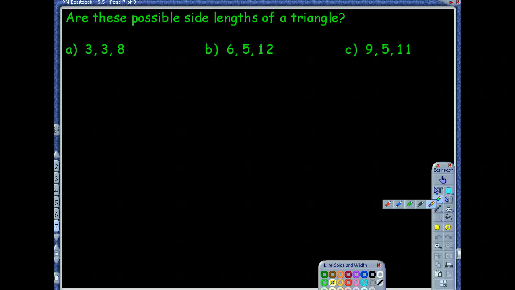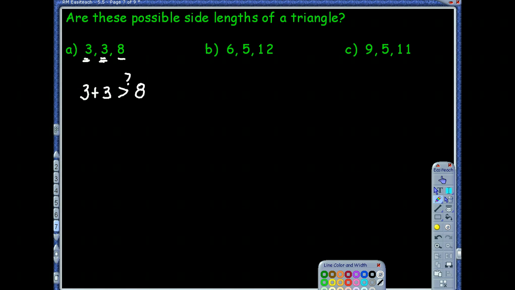So looking at this first scenario, if I give you 3, 3, and 8, could these actually form a triangle? The way to determine is any 2 sides have to add up to be greater than the third. So if I add up these first 2 sides, 3 plus 3, is that greater than 8? That's really the question.